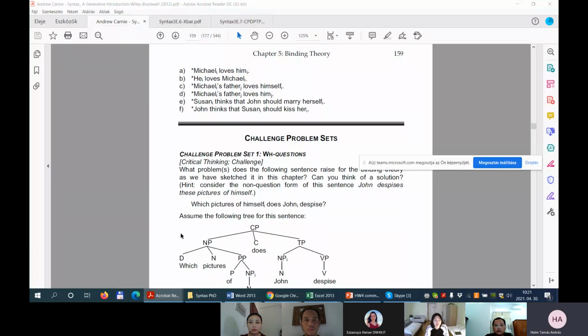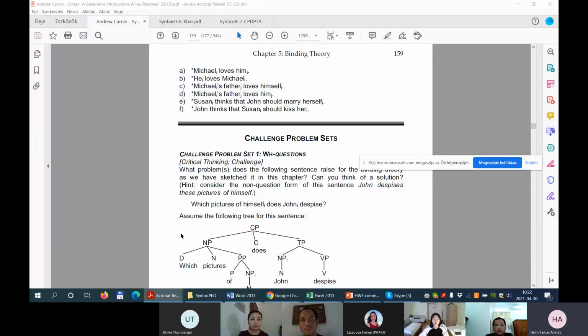Because in this sentence, the pronoun him is c-commanded by Michael, and the pronoun is bound in this binding domain that contains them. Thus, it violates principle B in the binding theory, that says that a pronoun must be free in its binding domain. Yes, this is perfect. I have nothing to add.